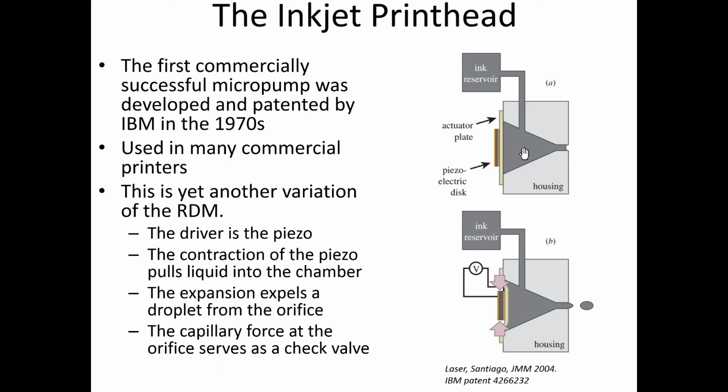The interesting thing about this is that the capillary force at the orifice serves as a check valve. Think about this capillary force as generating a pressure going from left to right. We talked about surface tension and the fact that capillarity will pull this liquid in.